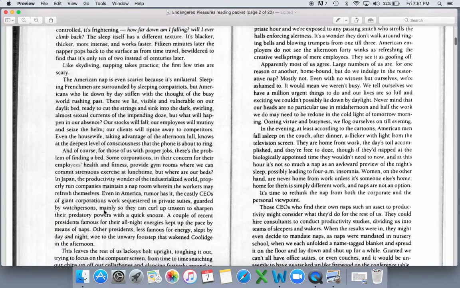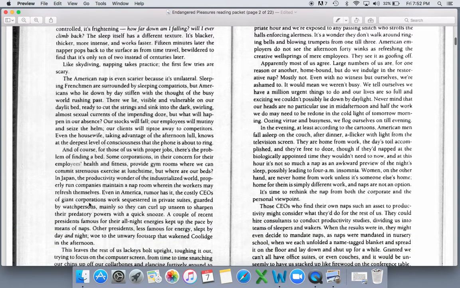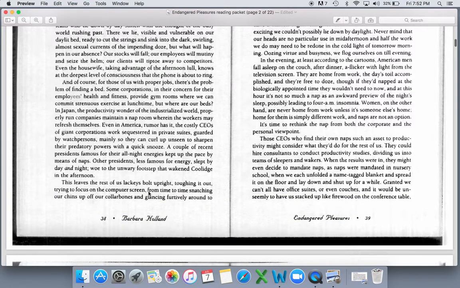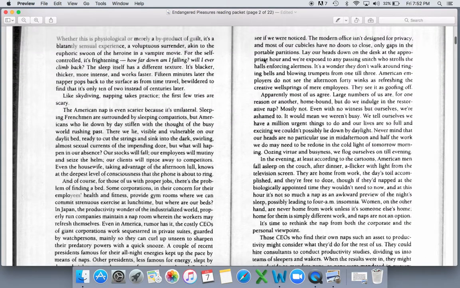When she's talking about CEOs and giant corporations, when she's talking about office workers who work in cubicles. These are the examples she's using to show that we're afraid of naps. But the specific examples have a consistent theme to them, that they are all people who work in corporate America.